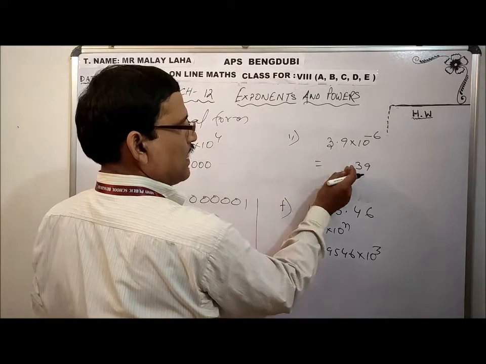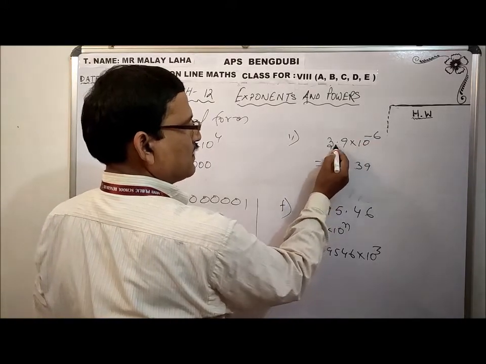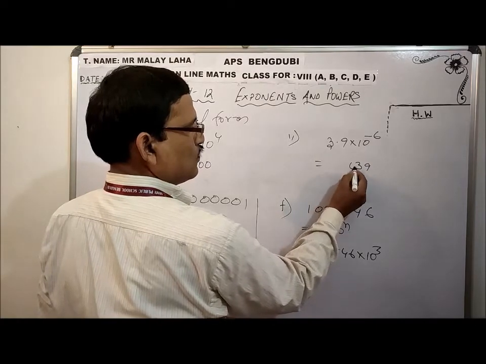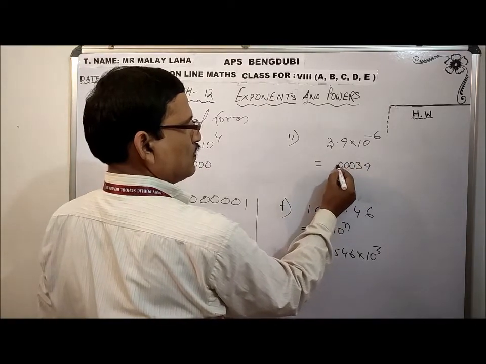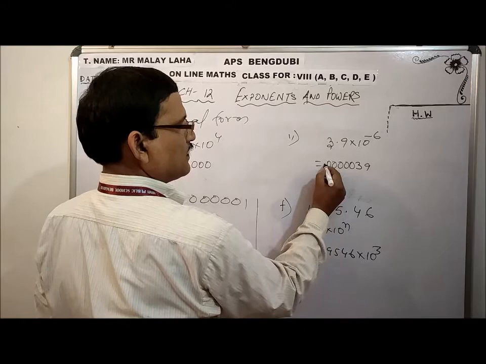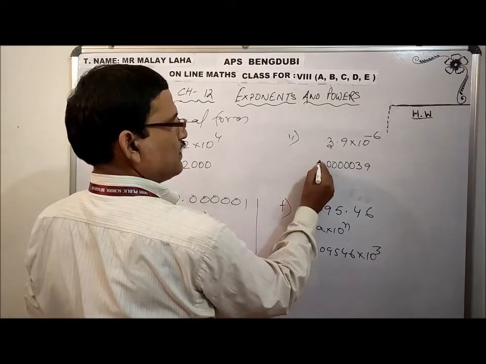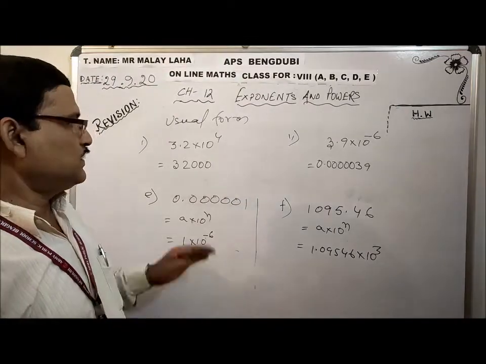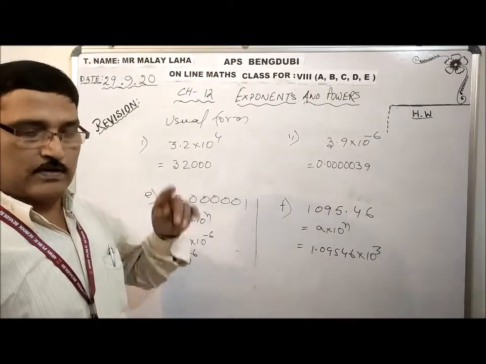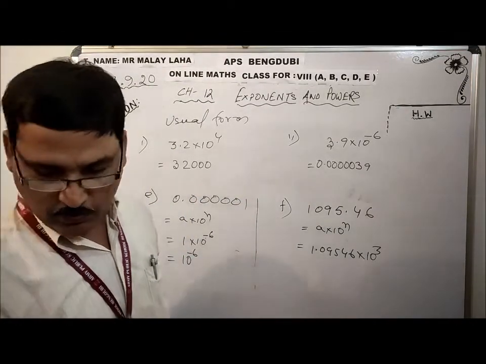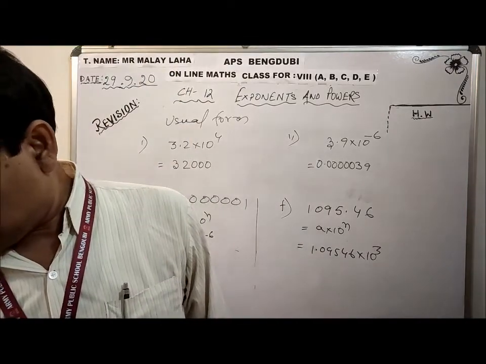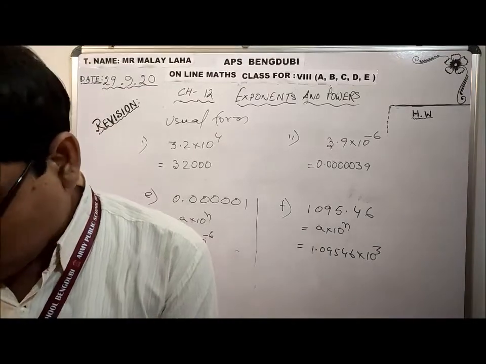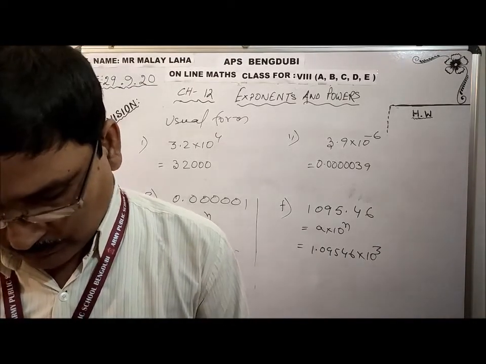After that you have to count 6 digits, taking this one also: 1, 2, 3, 4, 5, 6, decimal, and to the left of the decimal, one whole number, 0. Understood? So this is usual form. You can remember it. Now I will not do too much in this area. I have to discuss the main part of today's class, exponents and power.